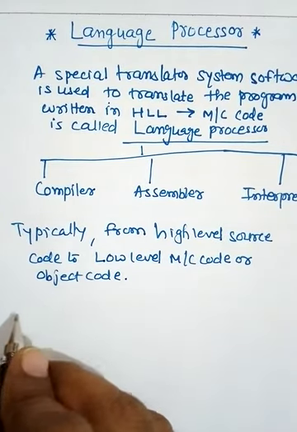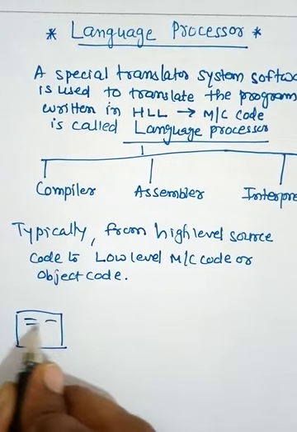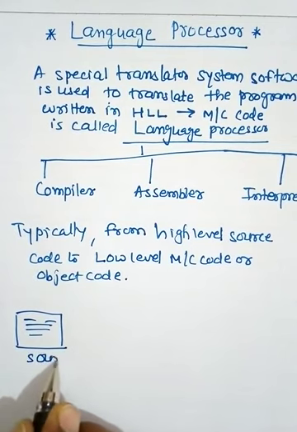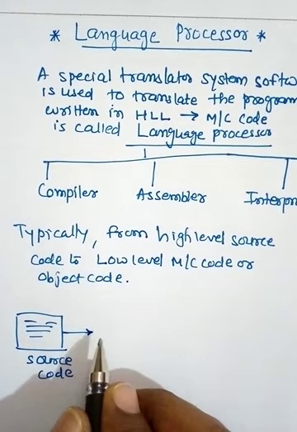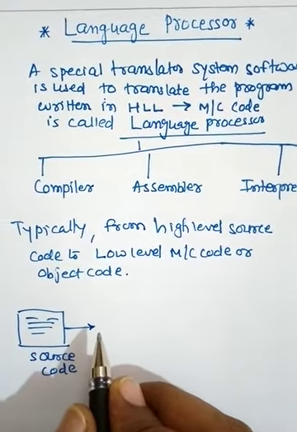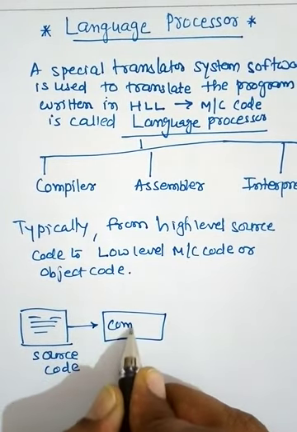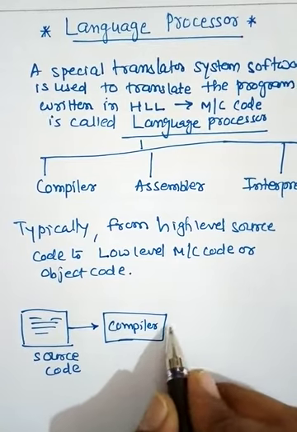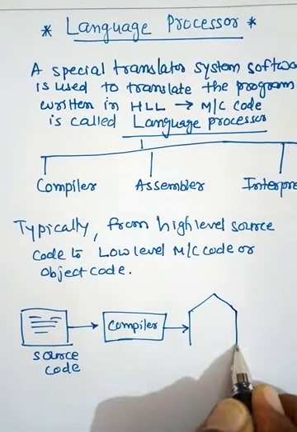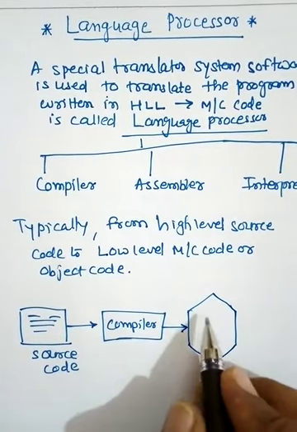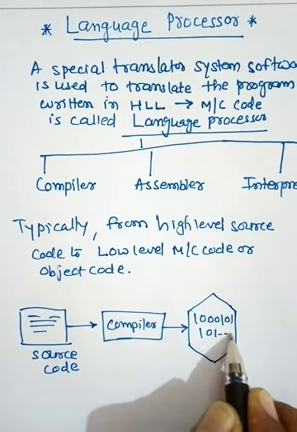So what does the compiler do? Suppose this is the source code. This source code is given to the compiler, and the compiler's output is in hex code, something like 1000100101.